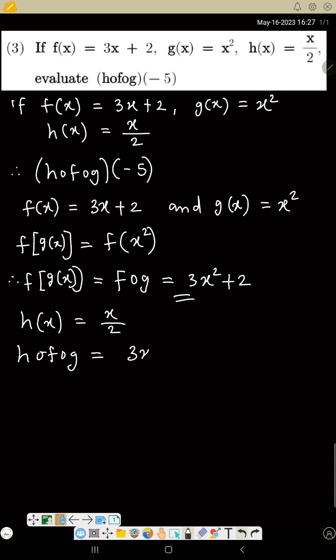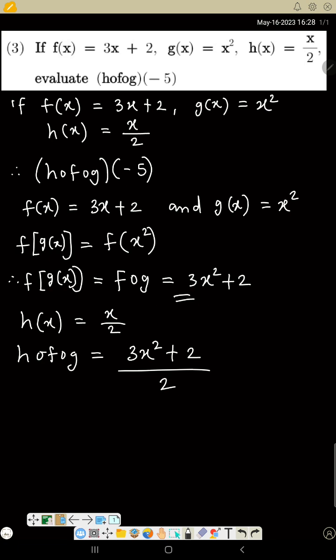So that will be 3s squared plus 2 divided by 2. So meaning all these results for f of g is now inside h, as in anywhere you see s, put all these results. That's the meaning. So over 2.